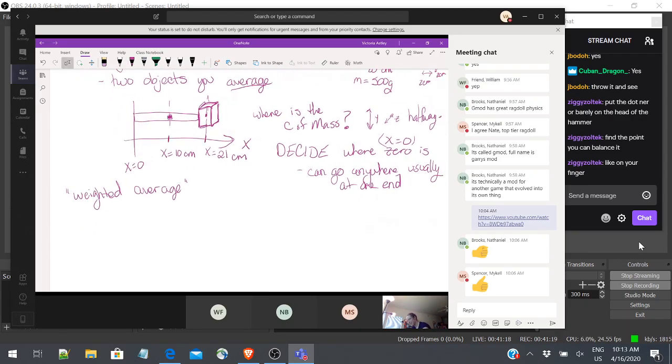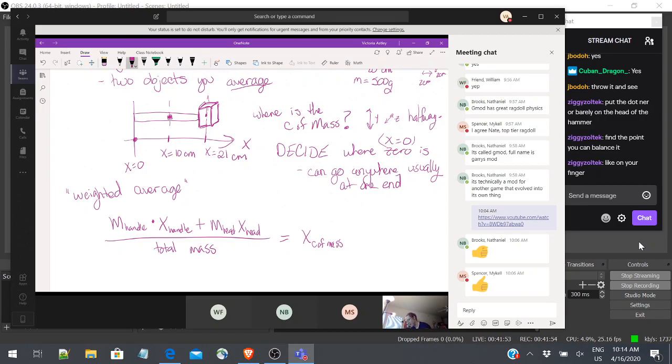So I take the mass of the handle times the x location of the handle plus the mass of the head times the x location of the head divided by my total mass, and that will give me the x location for the center of mass relative to the same x equals 0 position.